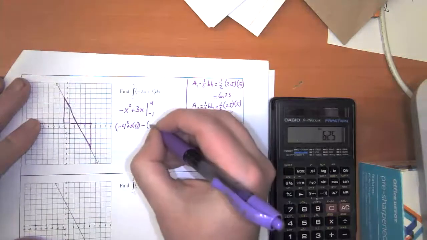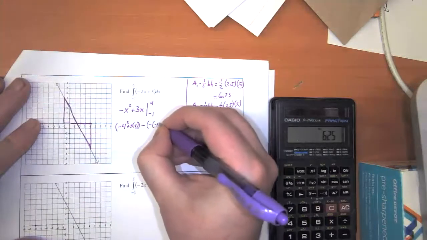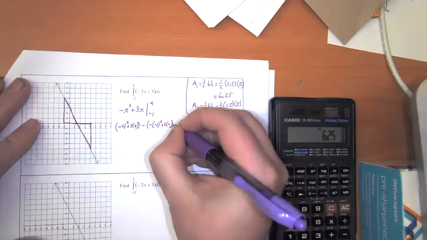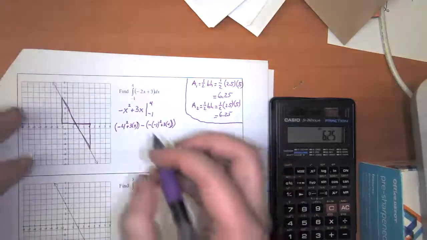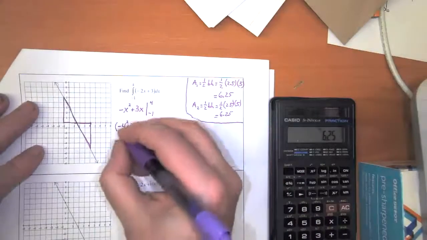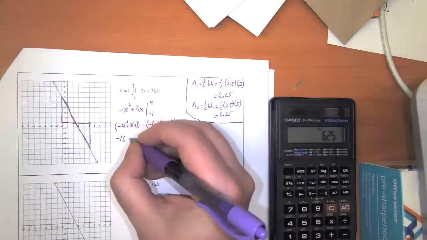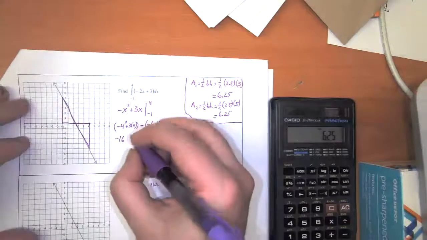All right, and -1 squared plus 3 times -1. All right, so -4 squared, remember, we've got to be careful with the order of operations and what that negative sign and the squaring mean.